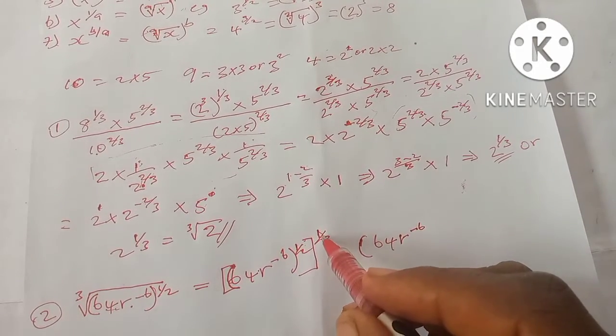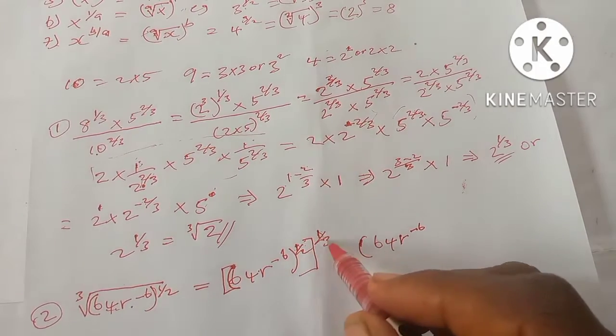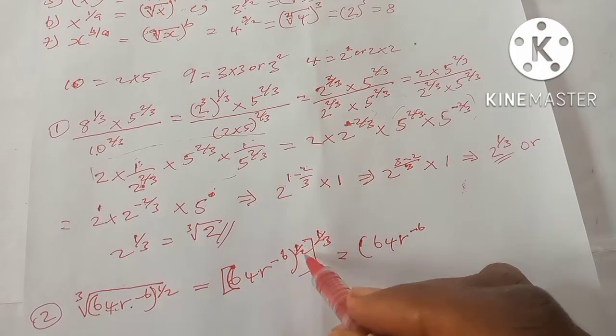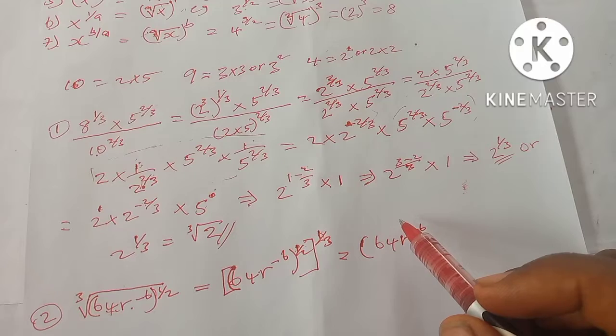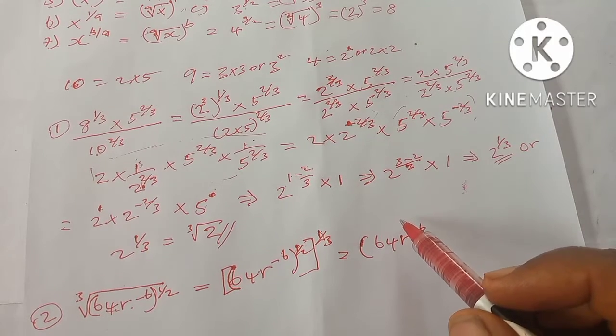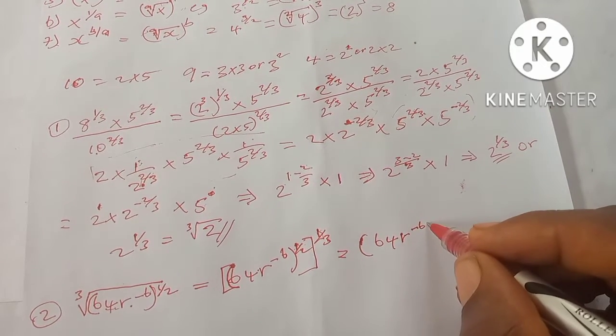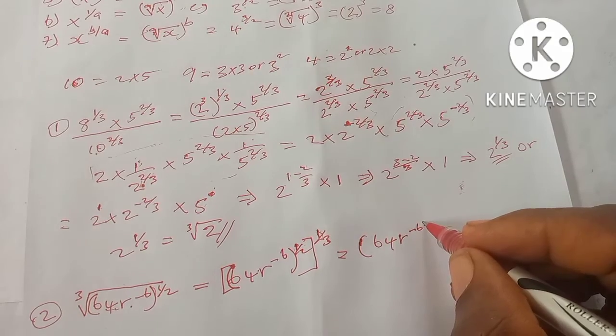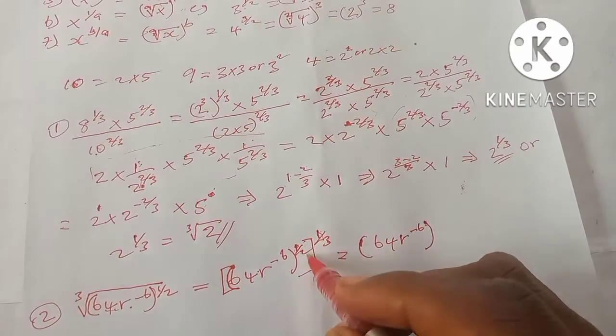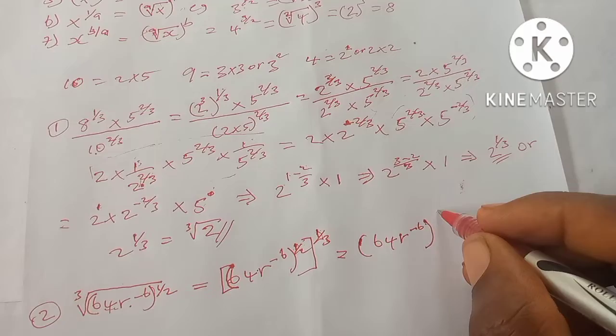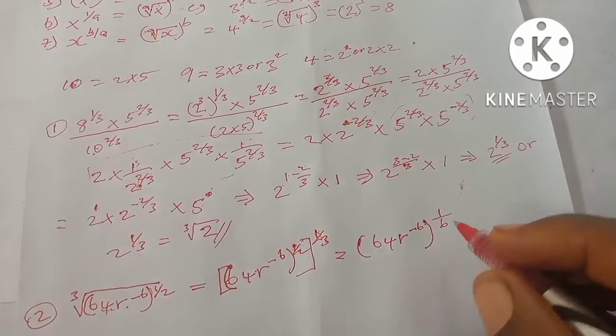We are going to multiply this 1 over 3, sorry, with 1 over 2. That's from the fifth law. So 1 over 2 times 1 over 3 is going to give us 1 over 6.